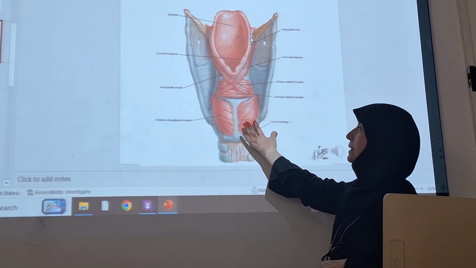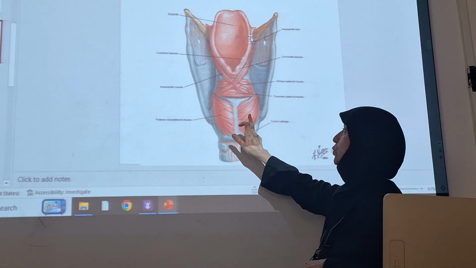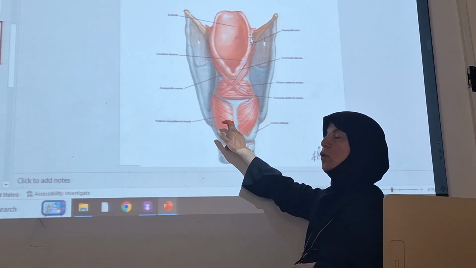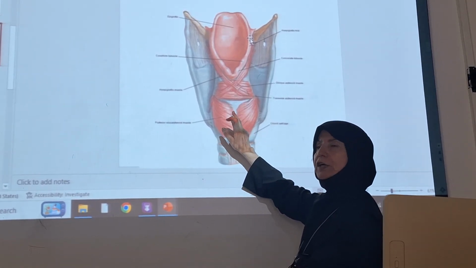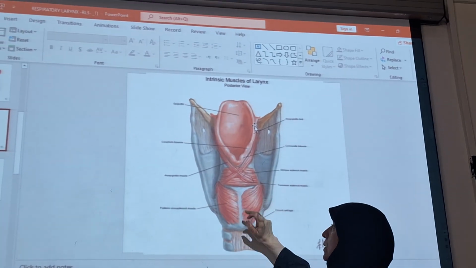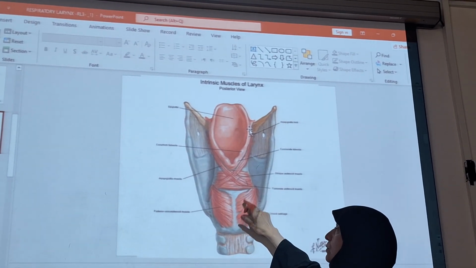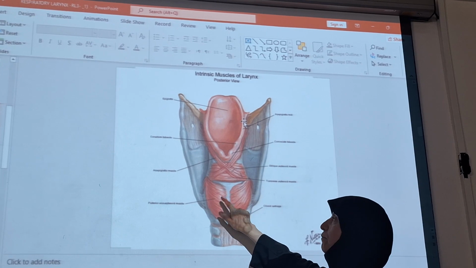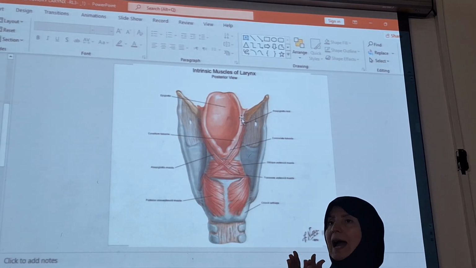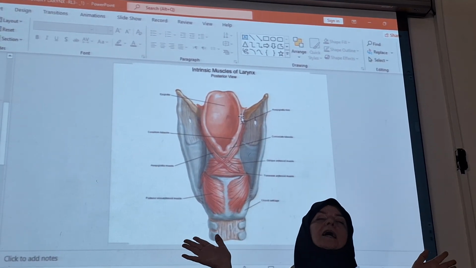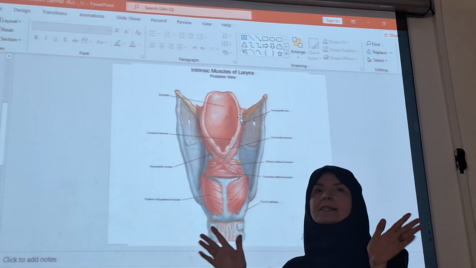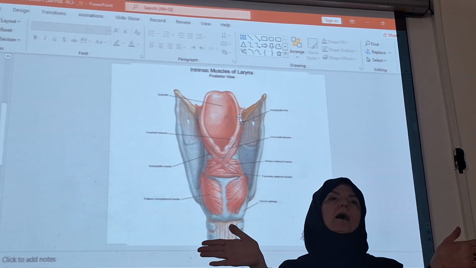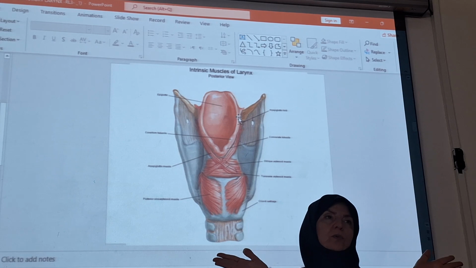One of the muscles visible here, you know this muscle. I told you it is the posterior cricoarytenoid muscle. Do you remember the function of this muscle? Abduction. It is the only muscle in the larynx that abducts the arytenoid, the vocal cord.